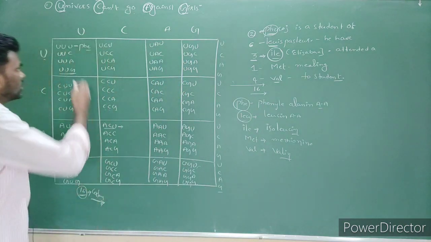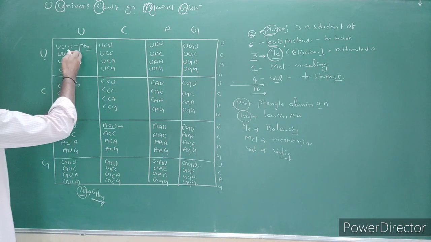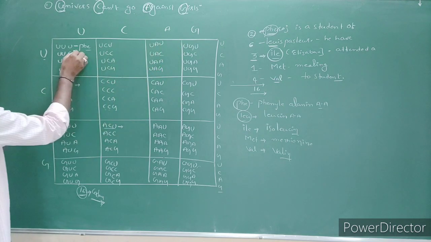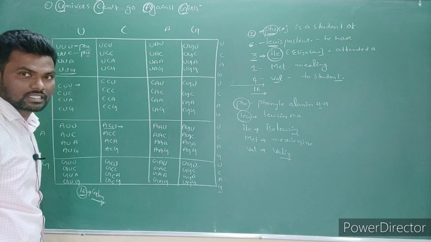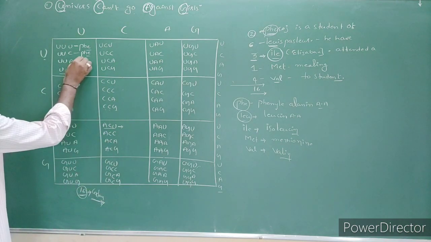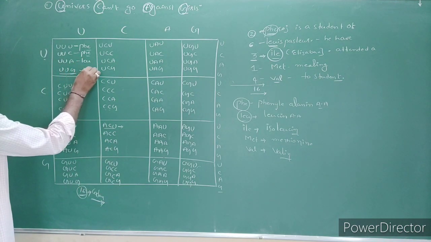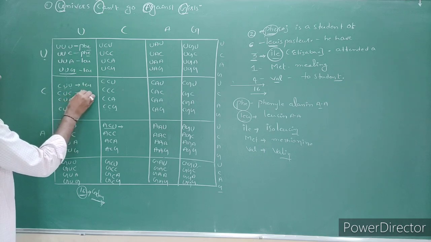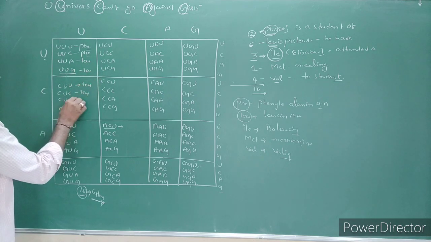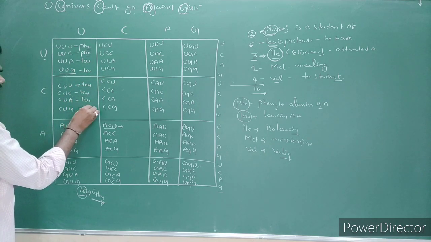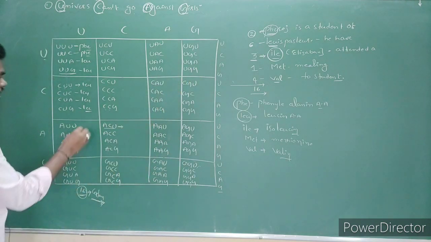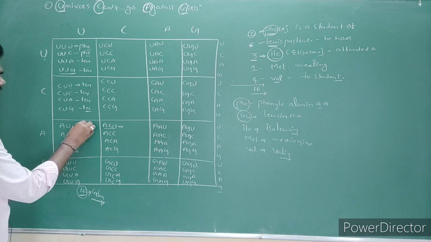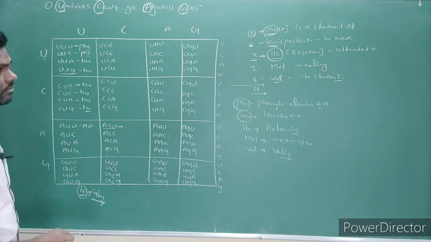Simple, what you have to write: first one is Feroz, here also PHE. Next one is Louis, number 6. Here we have to write Louis, 1, 2, 3, 4, 5 and 6. Next one is only one, that one is MET, methionine.